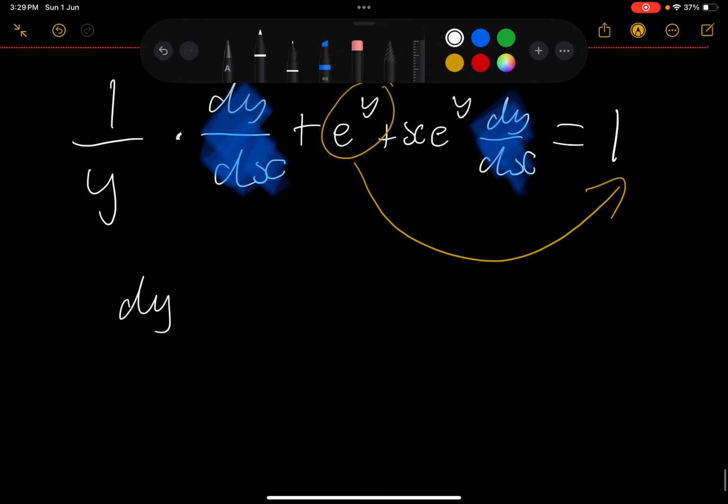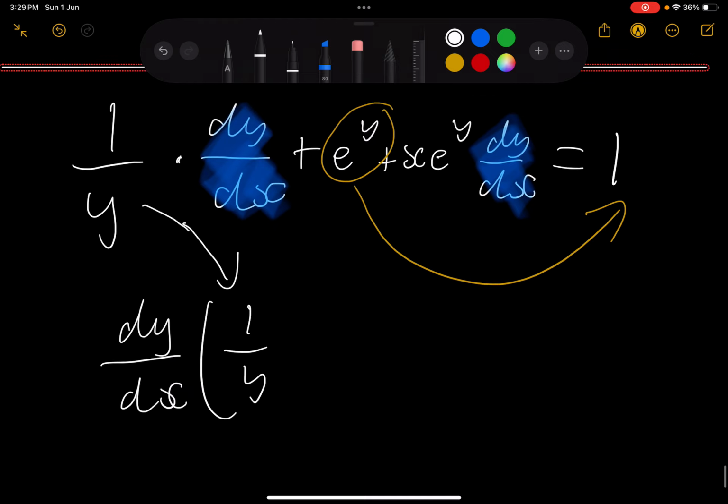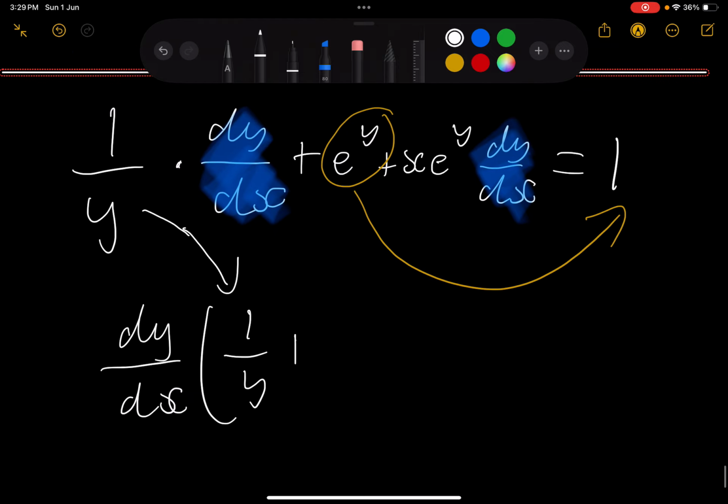So dy over dx times 1 over y, which comes from here, plus x e to the power of y, which comes from here, equals 1 minus e to the power of y.